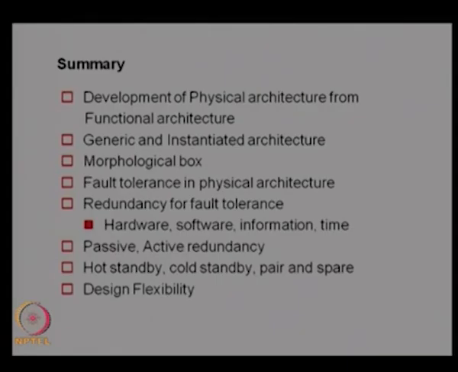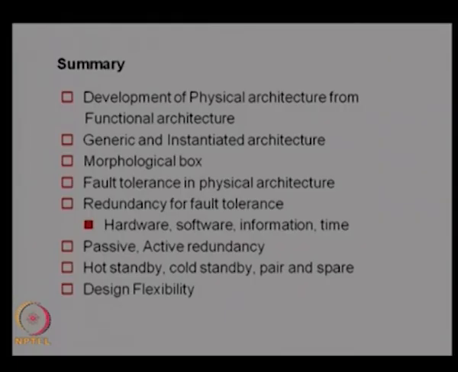We discussed morphological boxes, and we discussed fault tolerance in physical architecture and how this is implemented using redundancy, using hardware, software and information. We discussed passive and active redundancy and the cold standby and pair and a spare method also.